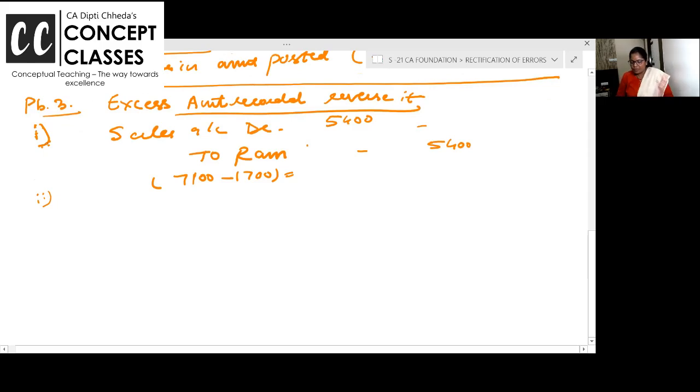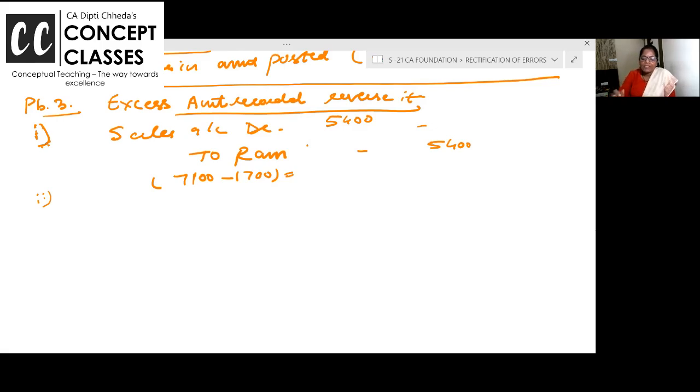Clear to all of you? Sales account, you credited 7,100. You should have credited 1,700. So to nullify that, reverse it. Sales to Ram. Now, credit sales of 1,700 to Mohan was recorded as sales to Krishna.